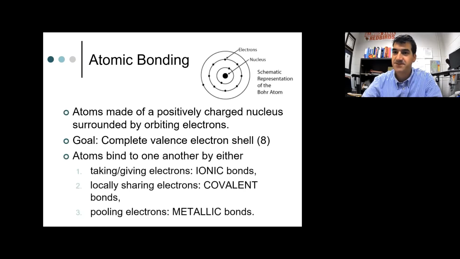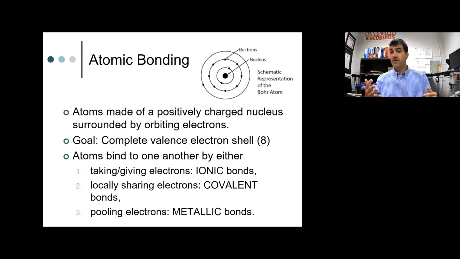So the atoms bond to each other, atom-to-atom level bonding, by either ionic bonds, and we'll talk in more detail about each one of these, but generally an ionic bond means that one atom is stealing an electron from another atom, or covalent bonds wherein atoms are happily sharing the electron or electrons.